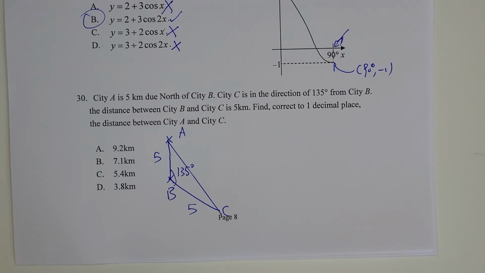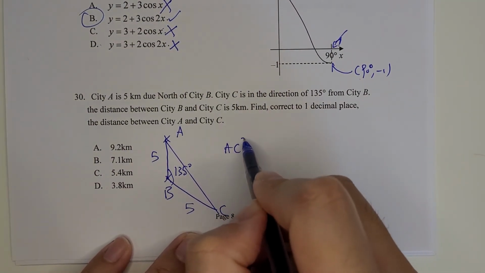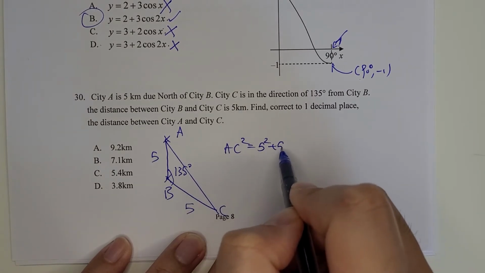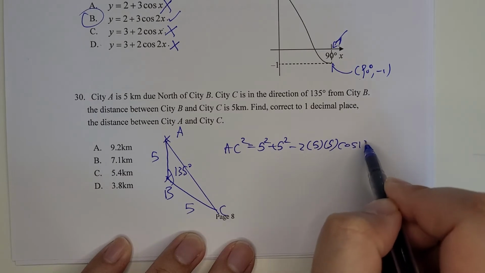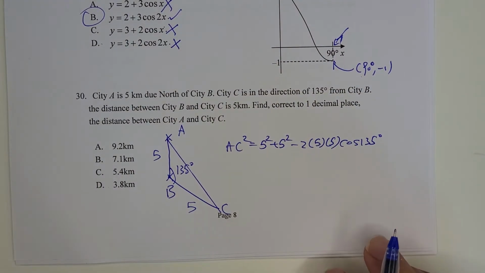And you can see there's a quite standard. You can apply cosine rule directly. AC squared equals 5 squared plus 5 squared minus 2 times 5 times 5 times cosine 135 degree.